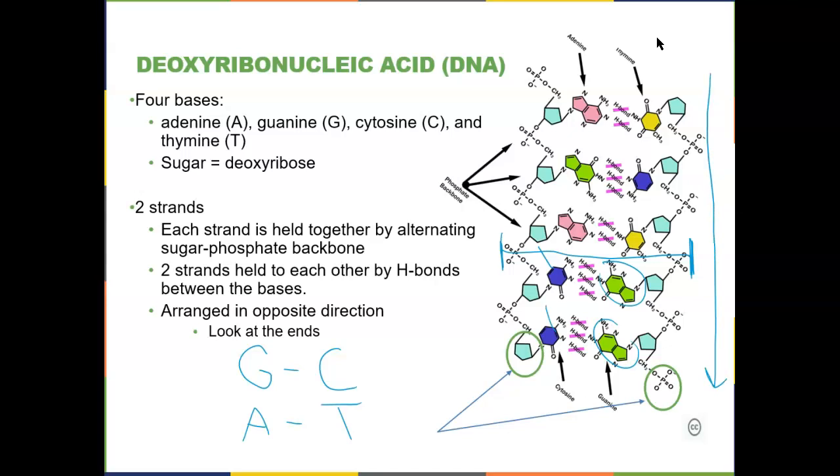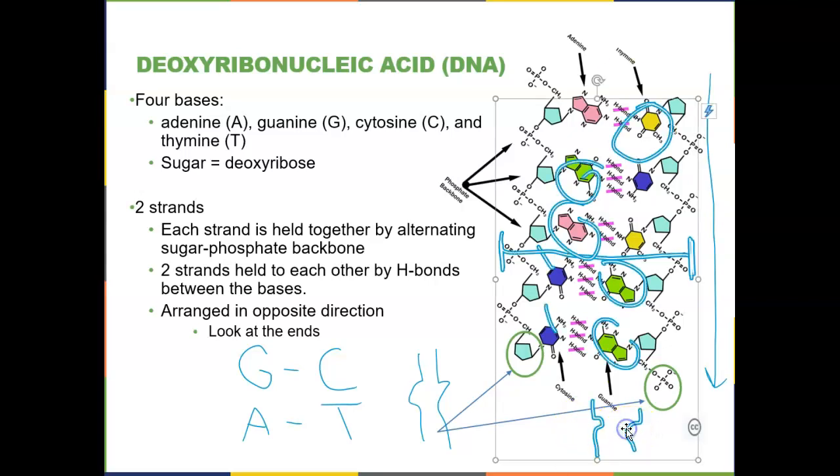So you never have 2 small nucleotides, 2 of the 1 ring bases across from one another, which would cause it to pinch in, or 2 big ones across from one another, which would cause it to bow out like that. So when you're looking at DNA, it's always uniform width in between the 2 sugar-phosphate backbones.